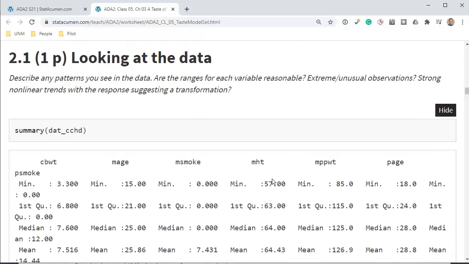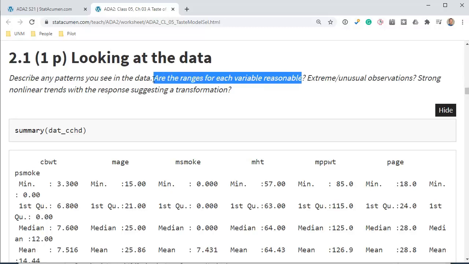So we'll start by looking at the data. First, we're going to answer the questions: describe any patterns you see in the data. Are the ranges for each variable reasonable? This question is often overlooked. There are things that you know about the world. You may not be an expert in a particular data set, but you know maybe something about people's heights, how many cigarettes they might be able to smoke, things like that.